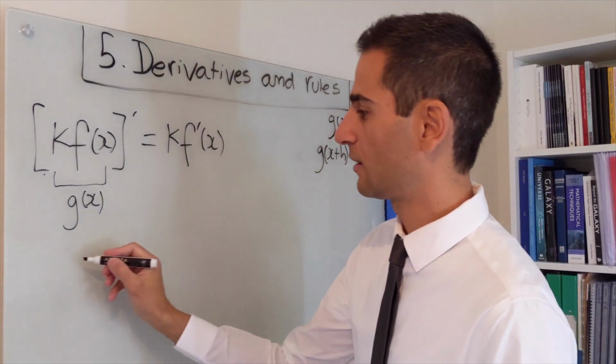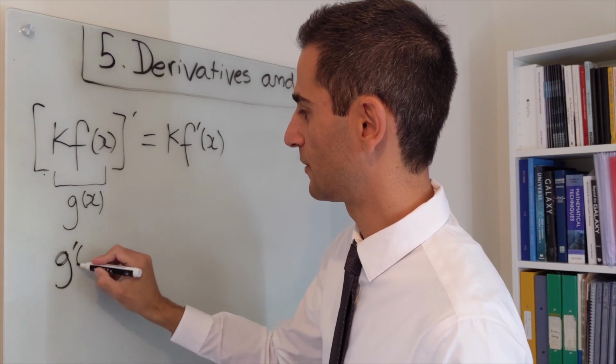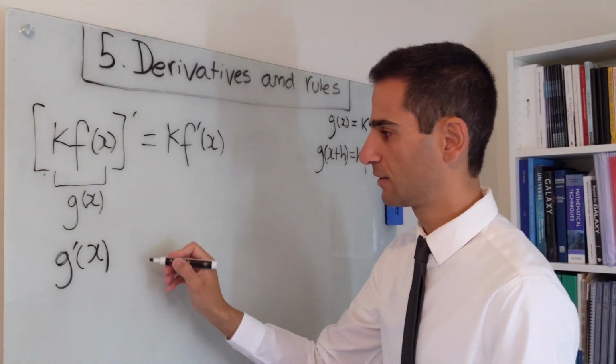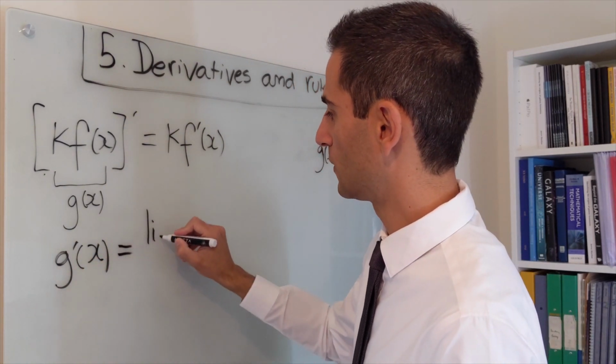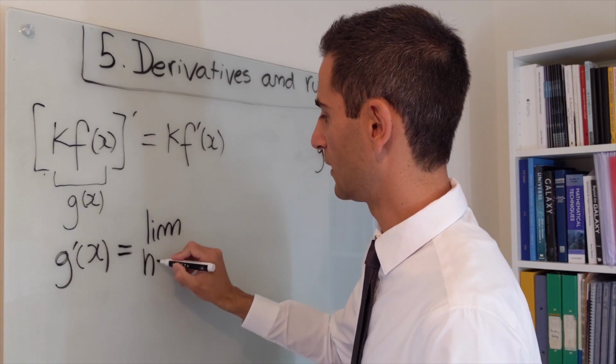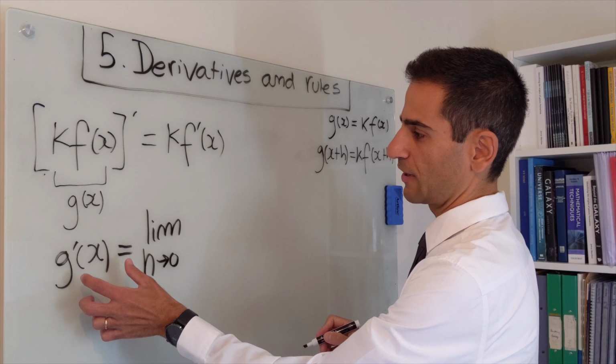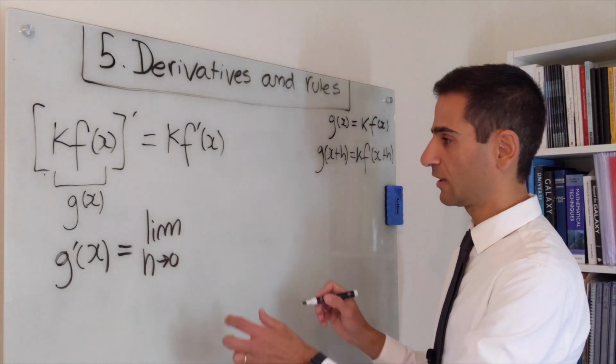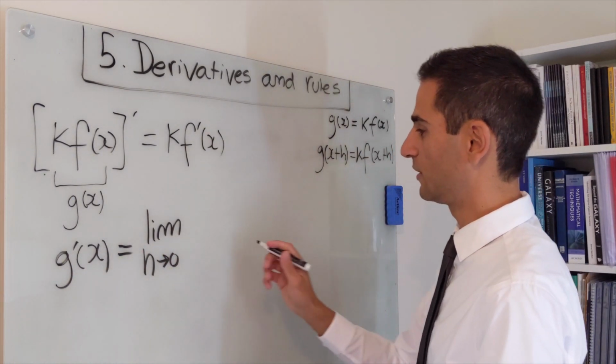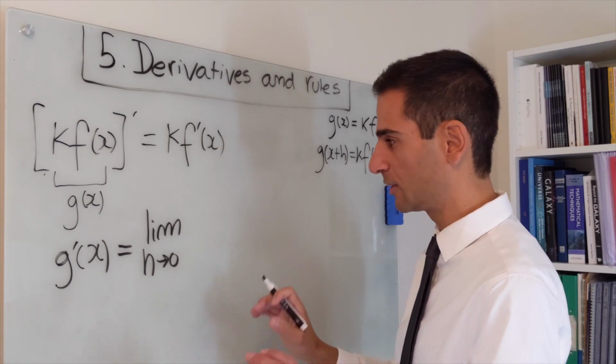What we want to then calculate is the derivative of g of x, which is equal to the limit when h goes to 0 of g of x plus h minus g of x over h. We already have it here, but we'll spell it out for clarity.